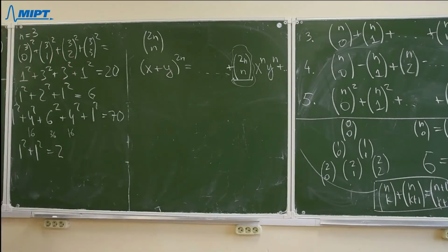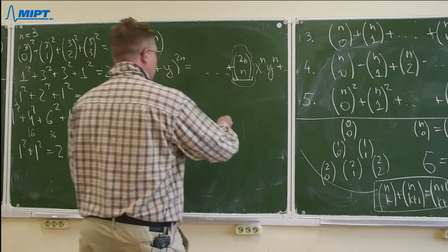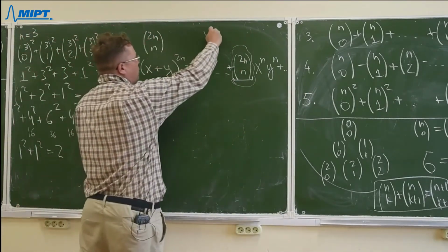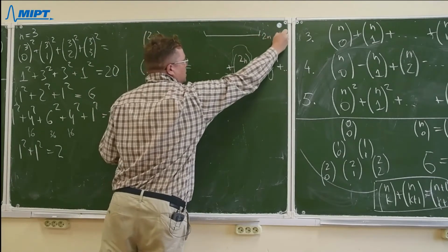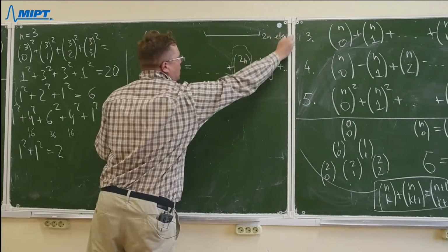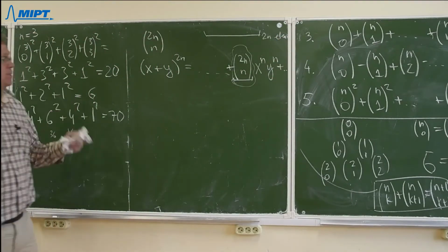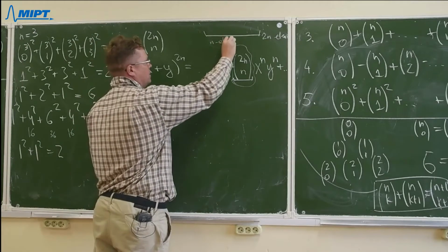So if you look at 2n choose n, or if you just look at the definition, you have 2n elements and you want to choose an n-element subset from these elements.